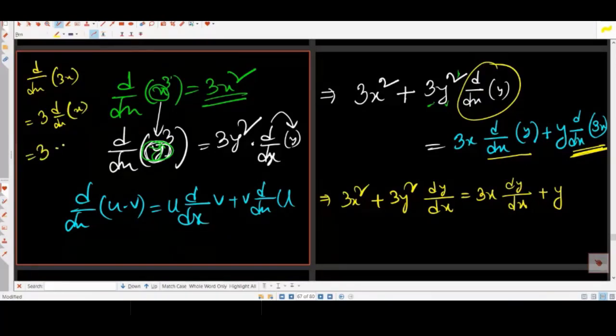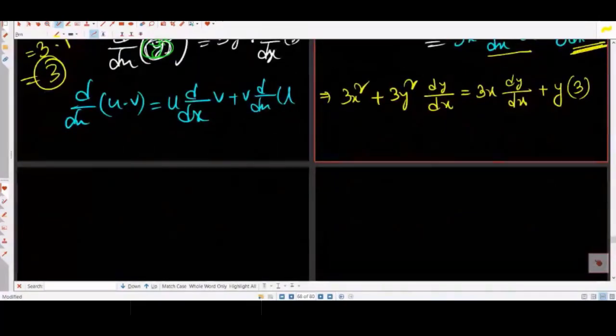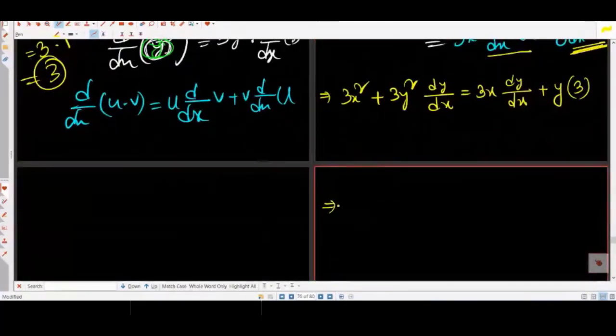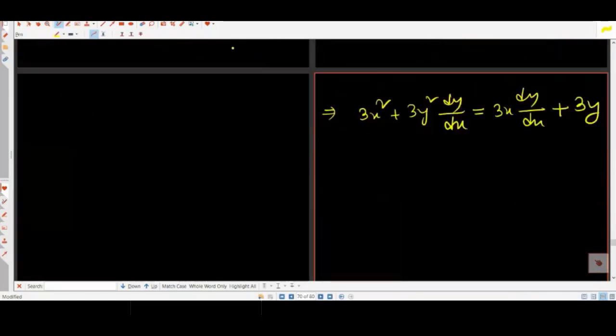The differentiation of x is 1. So 3 times 1 is 3. So finally, we can reach a conclusion that we have 3x squared plus 3y squared dy/dx equals 3x dy/dx plus 3y. So our target is to find dy/dx.